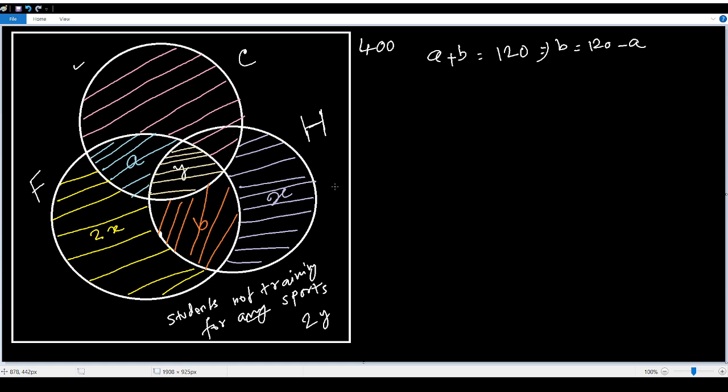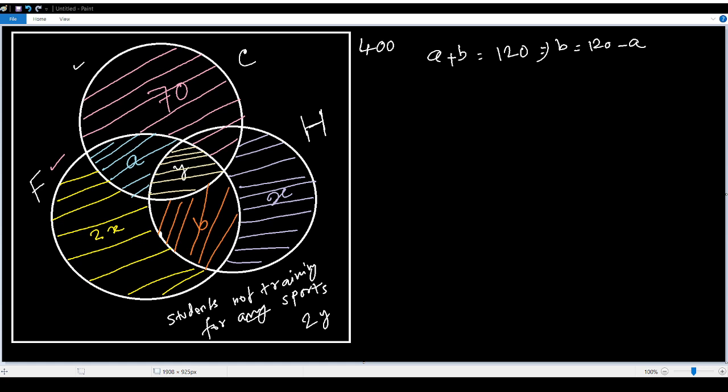Such a beautiful diagram, it is looking like Rangoli. So training for cricket but not for football, the entire football circle will be excluded, and only cricket will be included, and that will be 70.